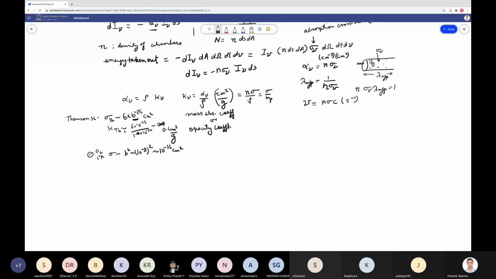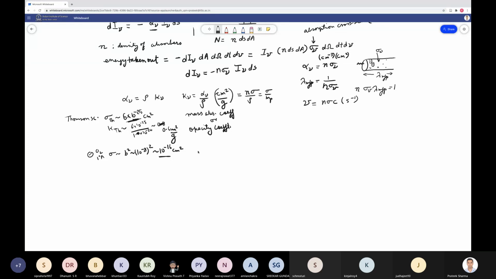You can see that the cross section for interaction of matter and radiation is much smaller. I'm mentioning Thomson scattering, but this is the overall scaling of matter-photon interaction, whereas this is orders of magnitude higher. What it means is that collisions are much more common between molecules among themselves rather than with radiation.